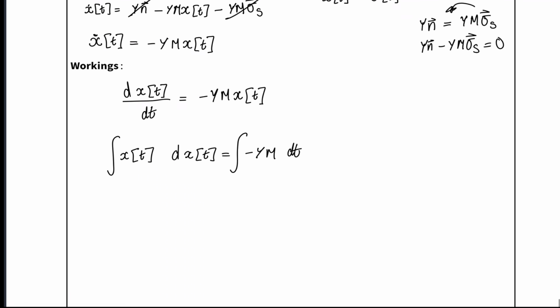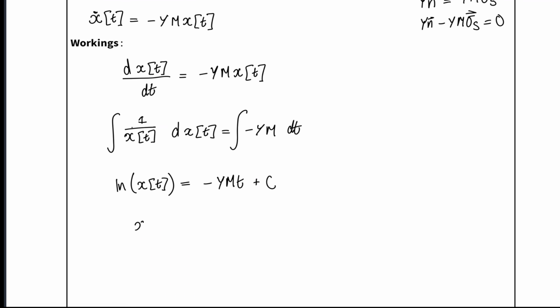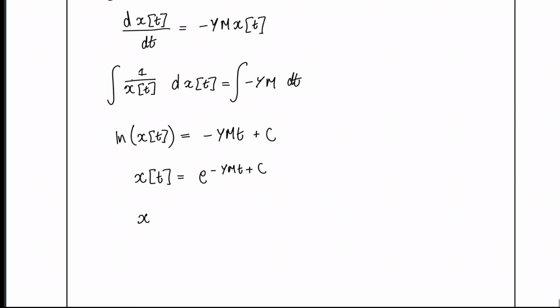Integrating both sides, sorry, this should be 1 over x(t). Integrating both sides, we get ln x(t) is equal to minus gamma M t plus c. Raising both sides to the power of e gives us x(t) is equal to e to the minus gamma M t plus c, which can be written as x(t) is equal to e to the minus gamma M t multiplied by e to the power of c.